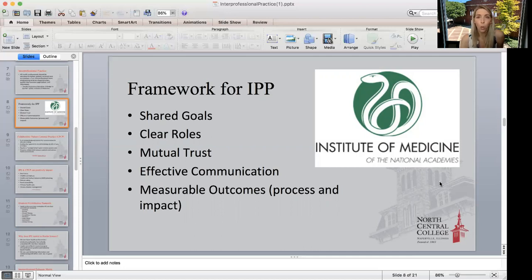Shared goals. We all have to be working towards the same thing. We all have to agree, this is the goal we have for this patient. And then we can see how each person is going to contribute as we work towards that. Clear roles. This is how I kind of joked earlier that you're not going to have the speech language pathologist in the operating room. Each person stays within their lane of training.